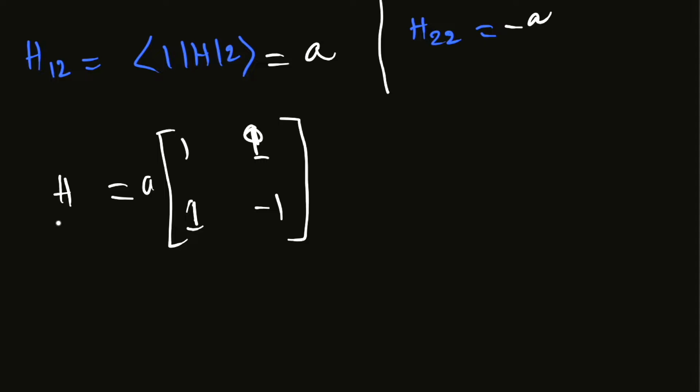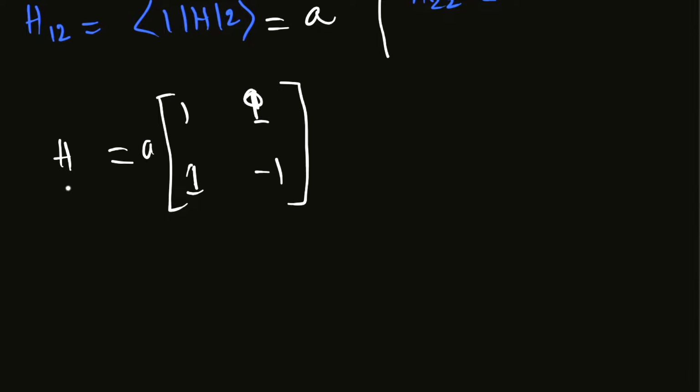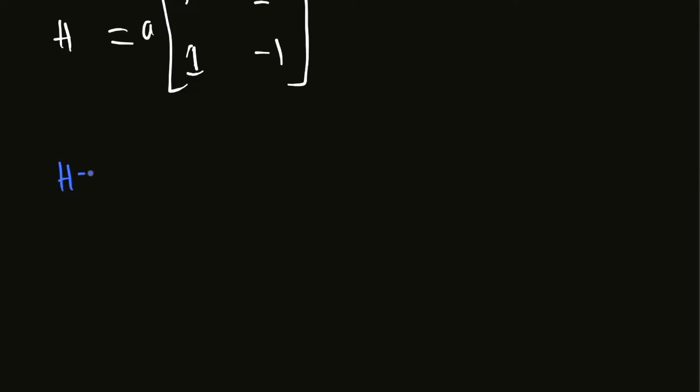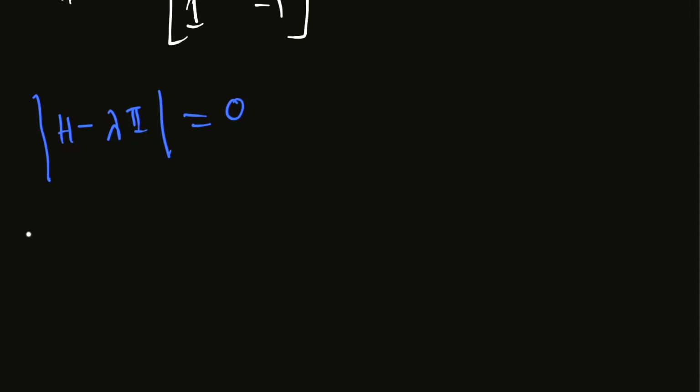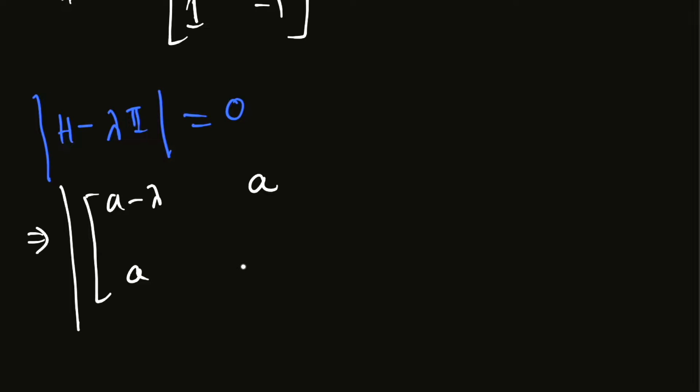Now we have to calculate the eigenvalues of this operator. If lambda is the eigenvalue of this operator, then the determinant of H minus lambda times identity should equal 0. That means the determinant of [[A - lambda, A], [A, -A - lambda]] should be 0.